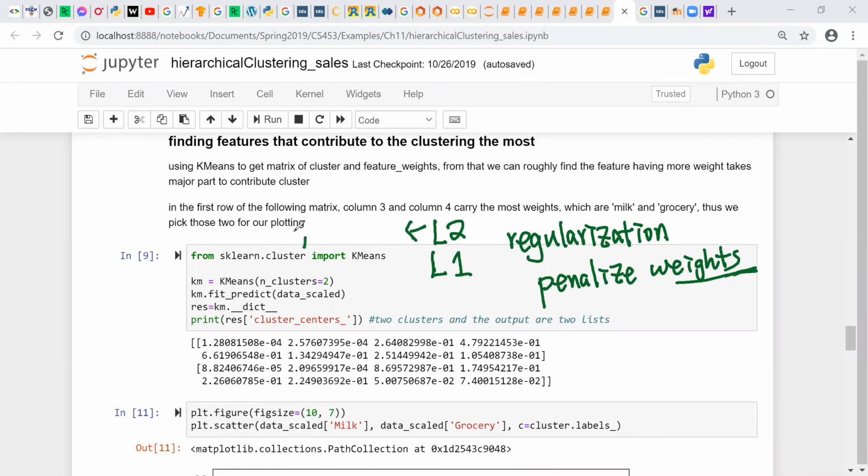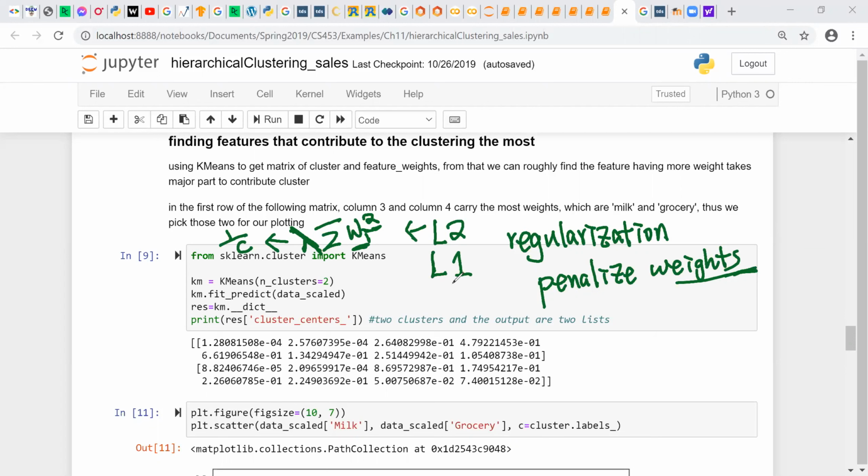L2 is lambda times sigma of wi squared. It's the square of the weights, and you sum them. This coefficient lambda, in sklearn, is the inverse of C. That's our goal, to try to regularize this.